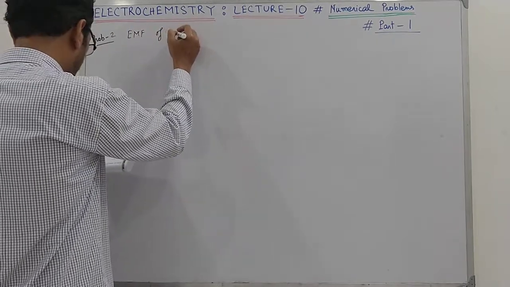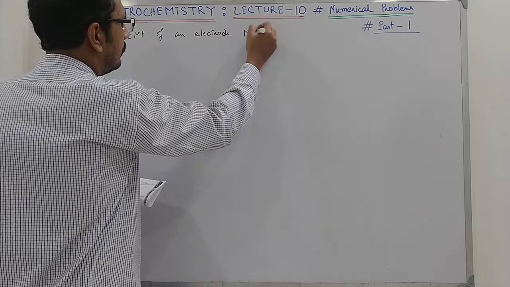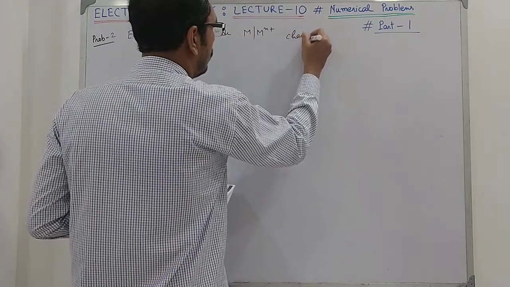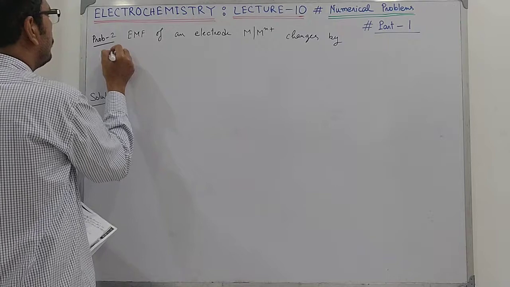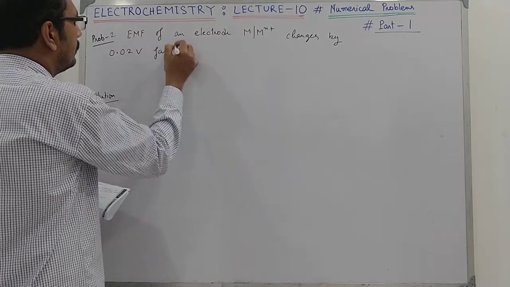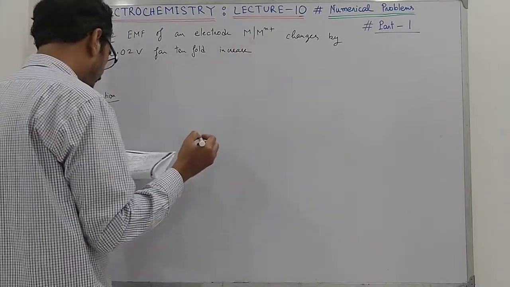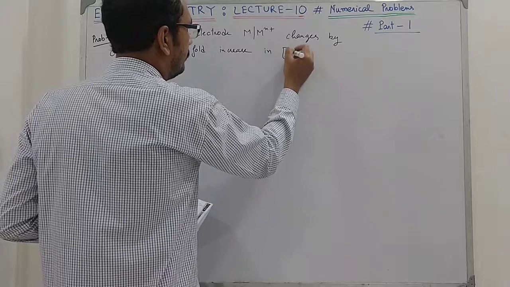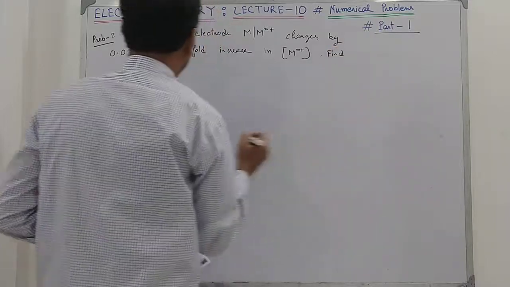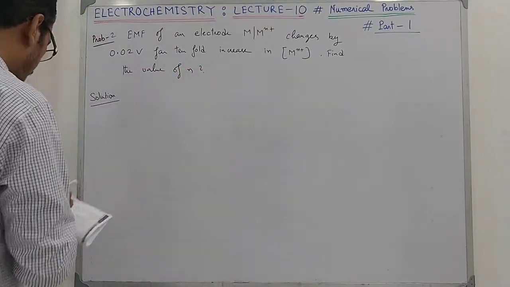EMF of an electrode Mn plus changes by, you write it in your copy, 0.02 volt for 10-fold increase in concentration of Mn plus, then find the value of n. This is the next problem.